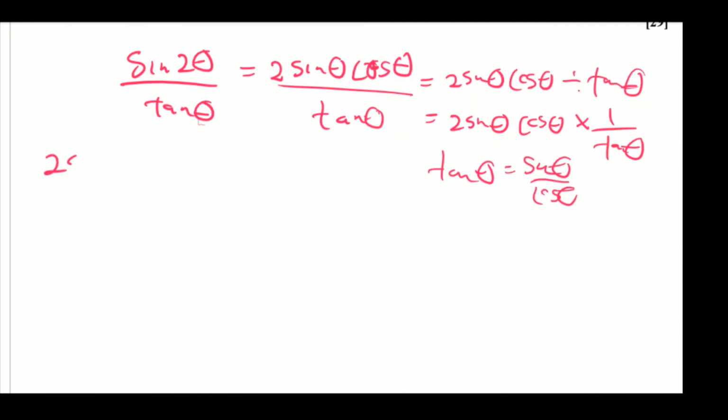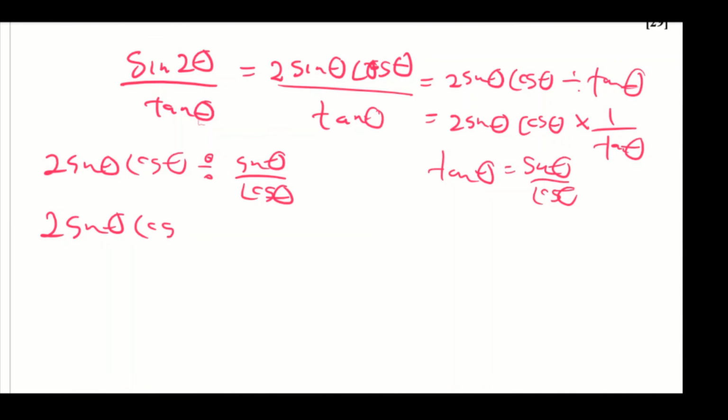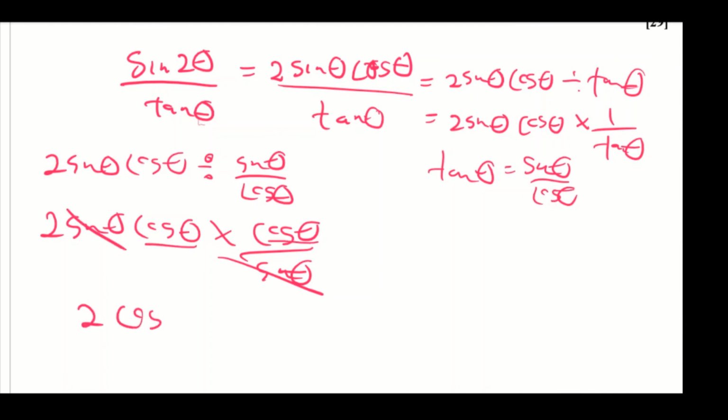So it's going to be 2 sine theta cos theta divided by sine theta over cos theta, right? Which would be 2 sine theta cos theta multiplied by cos theta over sine theta. So the sine will cancel out. We have 2 cos theta times cos theta, which is 2 cos squared theta, right? So this is the expression that we're getting here, right?